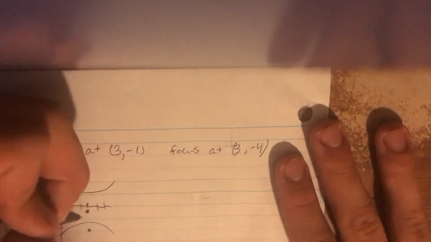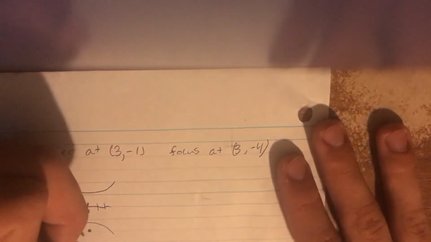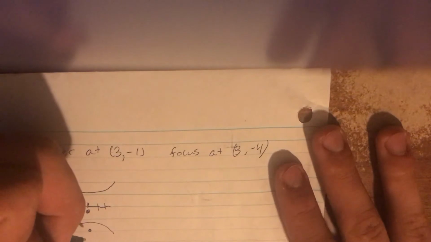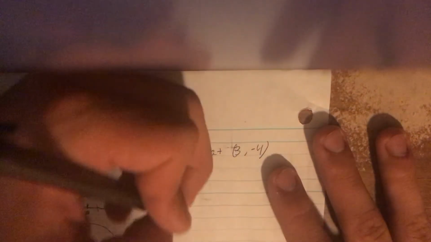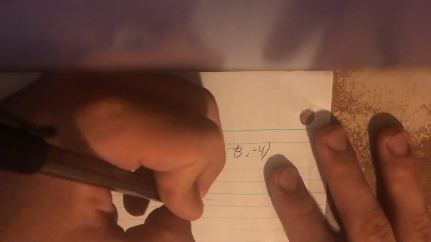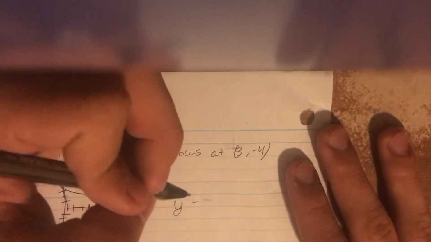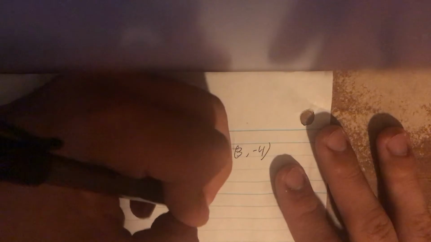So the center and your focus have the same x-coordinate. We know that our transverse axis is vertical. So we use the equation y minus k squared over a squared minus x minus h squared over b squared equals 1.